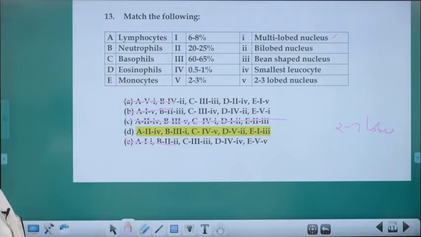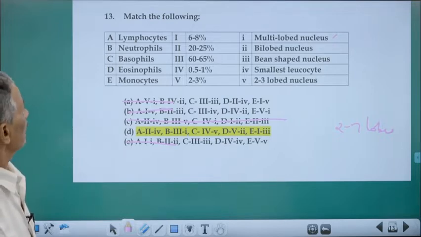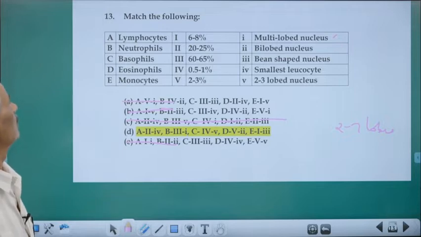Anyhow, we'll continue. Basophils, C: they are the least in number, 0.5 to 1%.